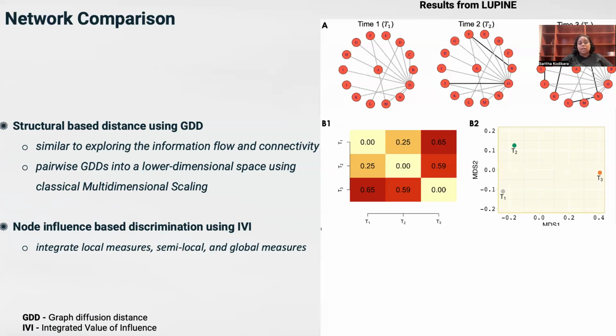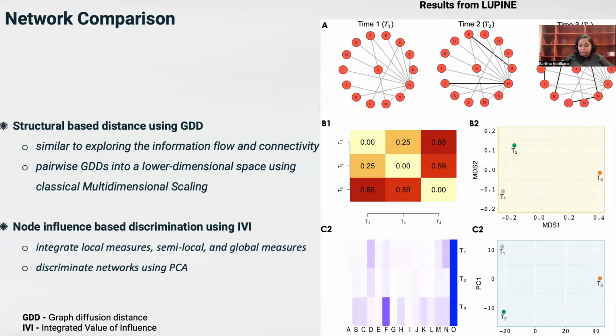This is an integrated value based on 3 kinds of measures: local measures like degree centrality and ClusterRank, semi-local measures such as neighborhood connectivity and local H-index, and global measures like betweenness centrality and collective influence. It uses these several network measures and integrates them into one value for each node. So the higher the value, the more likely that node is highly influential.